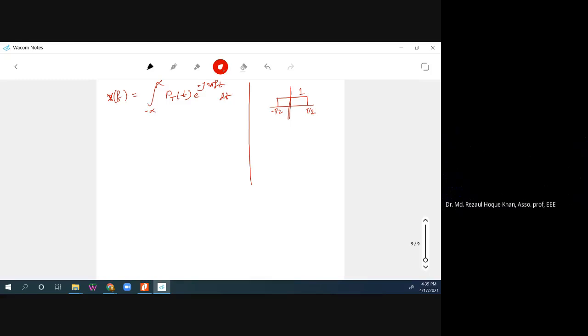Here, knowledge of Euler's equation will be helpful. What is Euler's formula? e to the power j theta equals cos theta plus j sin theta, and e to the power minus j theta equals cos theta minus j sin theta, right? How did this Euler equation give us this idea?